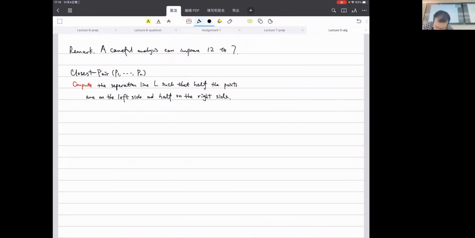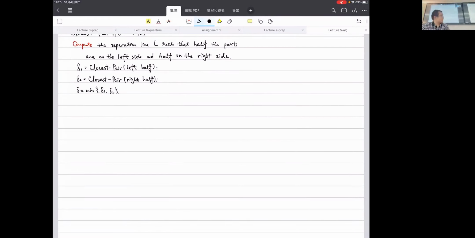So let's say delta 1 is the closest pair of the left half, because we are making the division here. And delta 2 is the closest pair of the right half. And the delta that we use above is just the min of delta 1, delta 2 here.